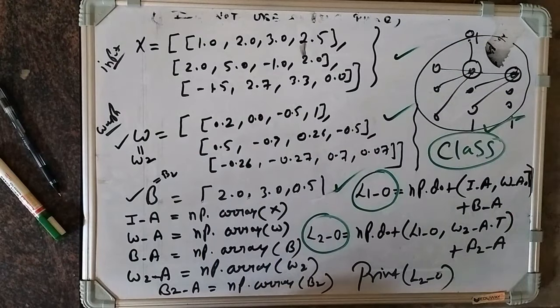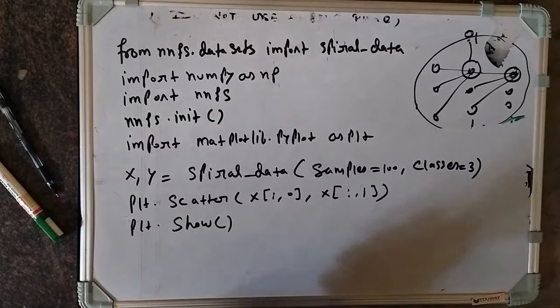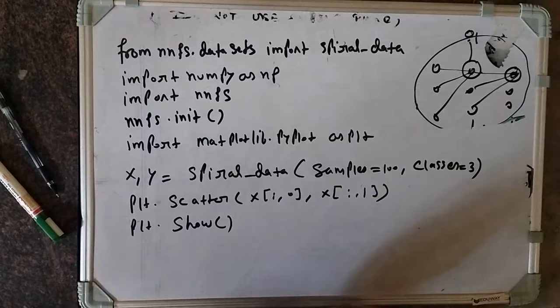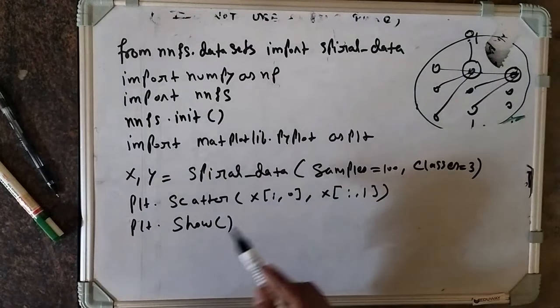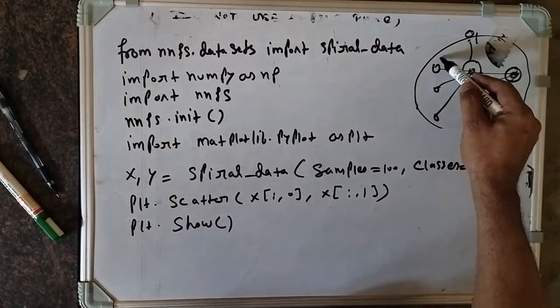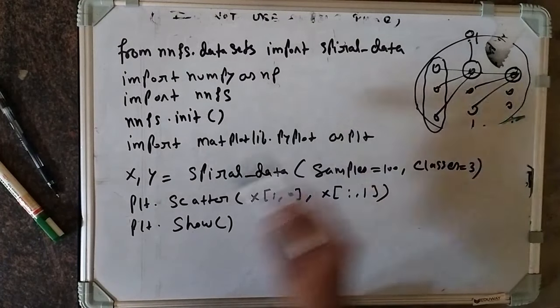Now the question is how to solve if the layers are dense. So we will start the class now. Before going to the dense class, it is very important to learn about the spiral data, because randomly we are taking many batches, many inputs.